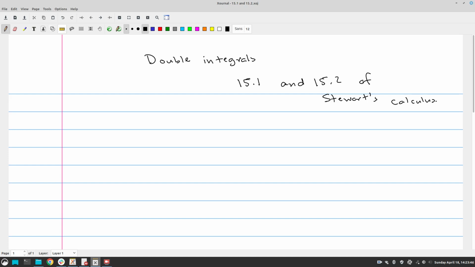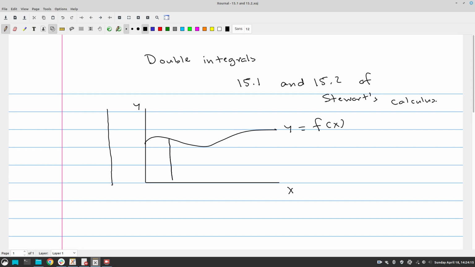So the basic idea is this: you have a graph y equals f(x), and let's say you want to find the area beneath the graph from x equals a to x equals b.